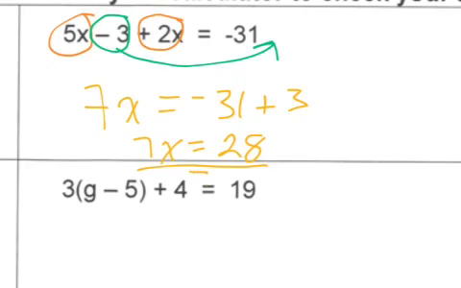Divide by 7, and our x would equal, pardon me, that is a negative 28. So our x would equal a negative 4. Negative 28 divided by 7 is a negative 4.